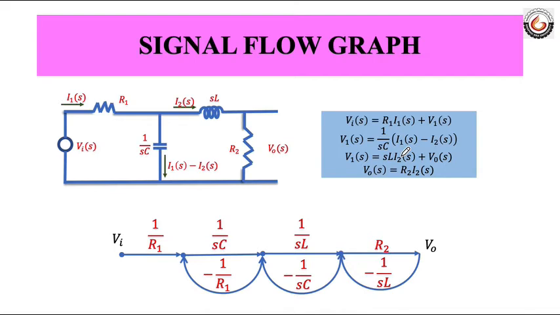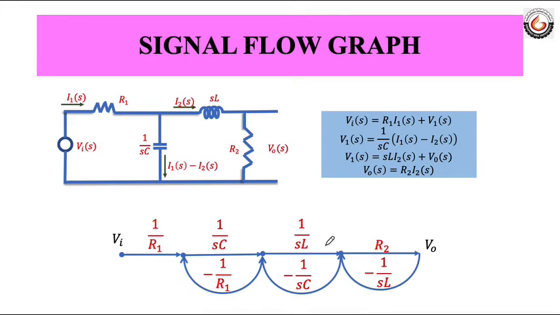There is nothing missing, the complete network is coming into this signal flow graph. Now we will try to find out the transfer function. Earlier we used to do the elimination and find out the transfer function. Now because we are dealing with a signal flow graph, we will apply Mason gain formula and find the transfer function.